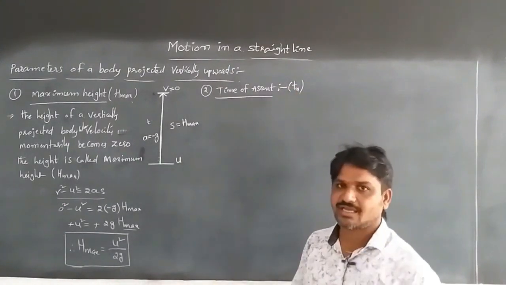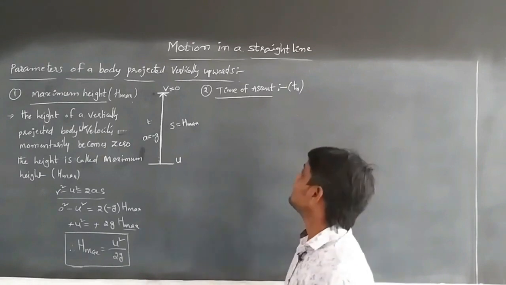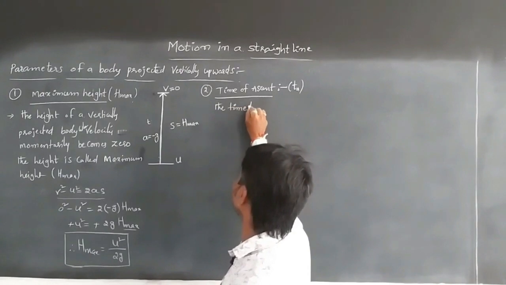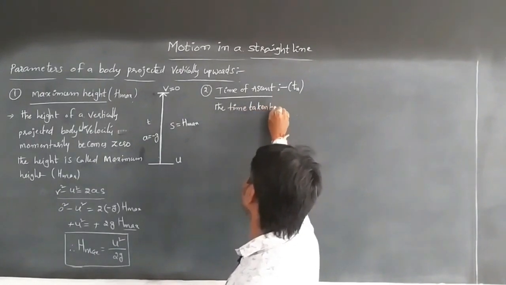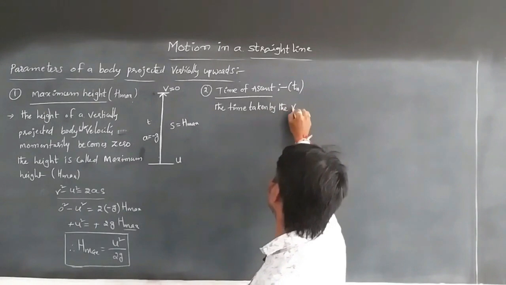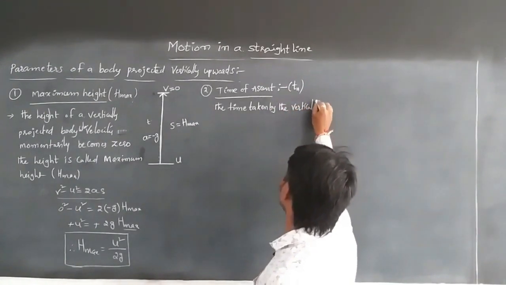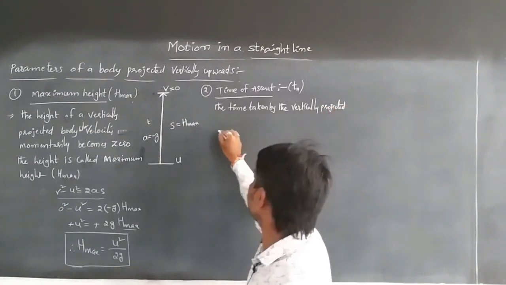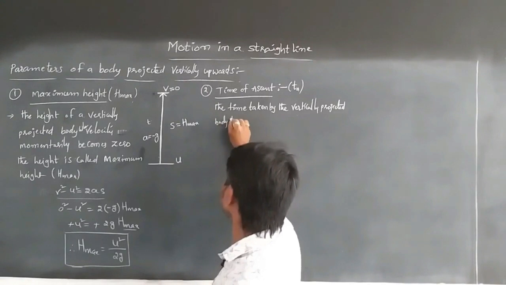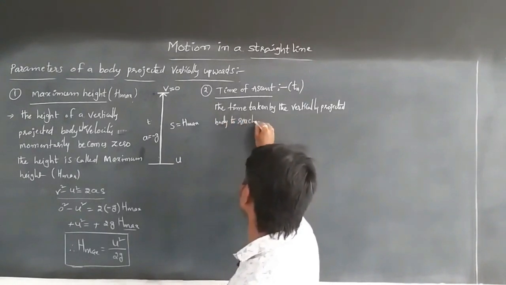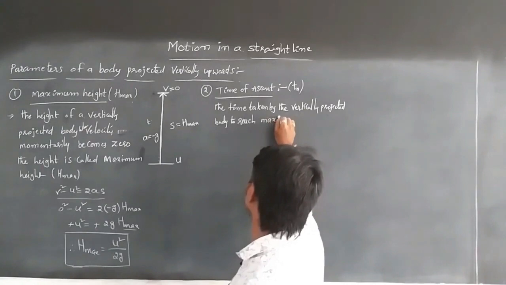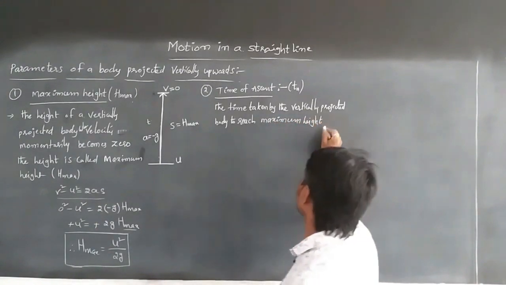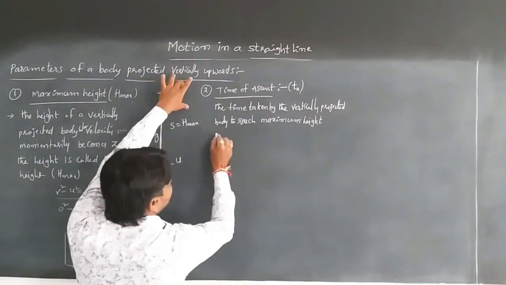The time taken by the vertically projected body to reach maximum height is called the time of ascent.